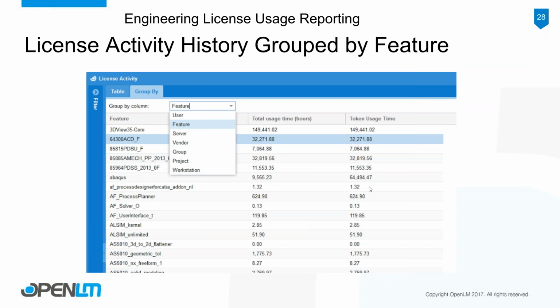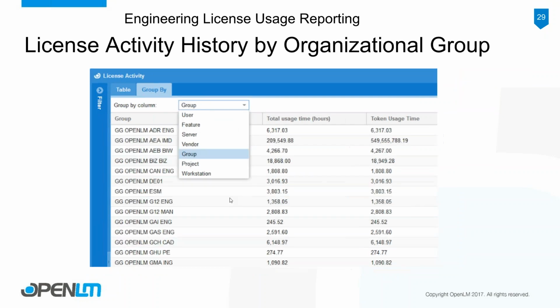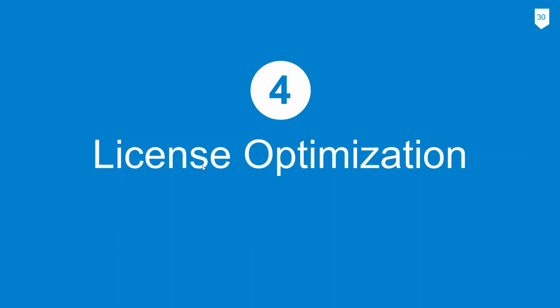You can compare total usage time, the session durations, and token session duration in a set period of time for different features, users, vendors, what you see here. This is the same report, as you can see, but by group. This can be a department, a team, or any custom defined group.